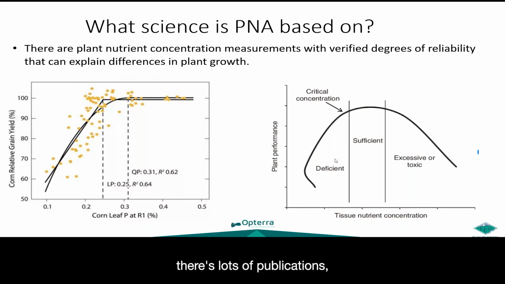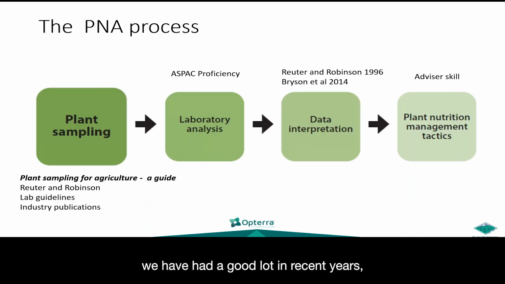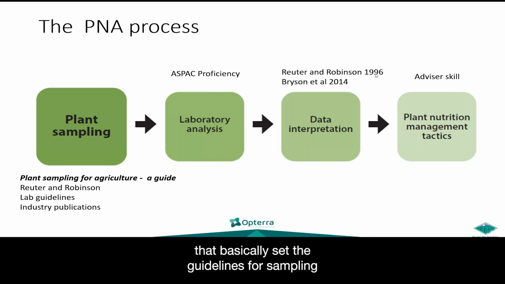There's lots of publications, going back quite a while, and as far as publications around the world, we have had a good lot in recent years, starting with Reuter and Robinson in 1996, an Australian publication that basically set the guidelines for sampling, but also interpretation criteria.